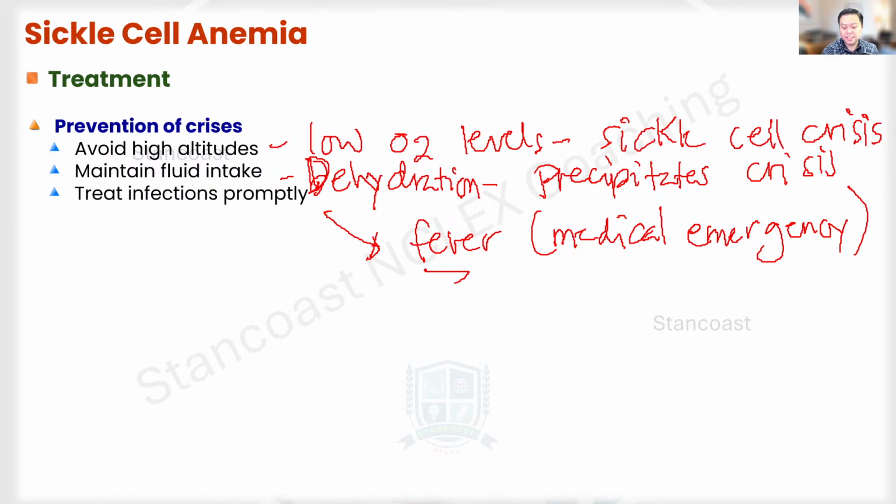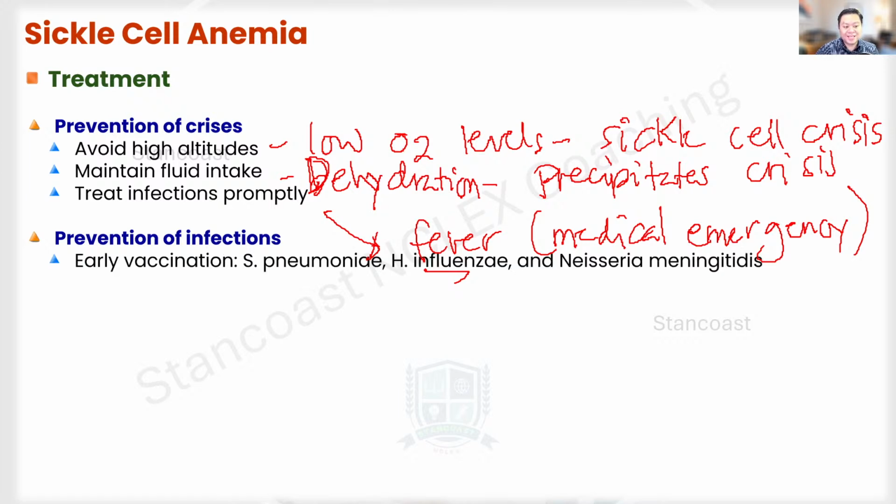All right. Now, talking about the prevention of infections, one of the preventions here will be getting the Streptococcus pneumoniae vaccine. Let me erase this right here. Haemophilus influenzae, or the Neisseria meningitidis. And so these are important vaccinations that will prevent any future infections that can cause severe manifestations in these patients with the sickle cell disease.